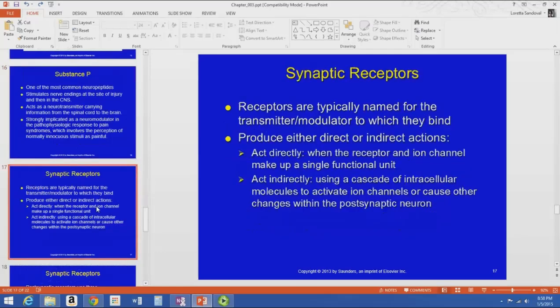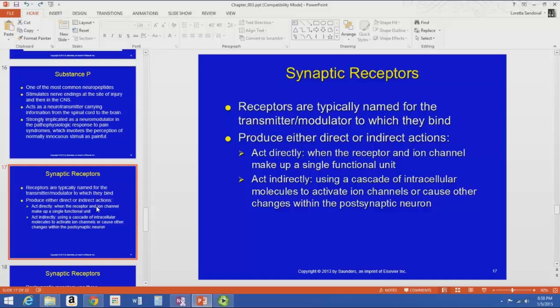Synaptic receptors, in the book they really talk a lot about specific receptors and where their sites of action are and that sort of thing. We are not going to go into that, but all I want you to know about synaptic receptors is that they are typically named for the neurotransmitter or neuromodulator to which they bind, and they produce either direct or indirect actions.